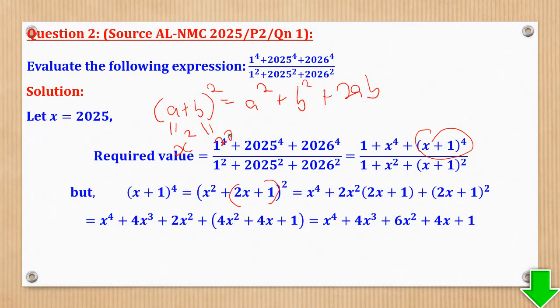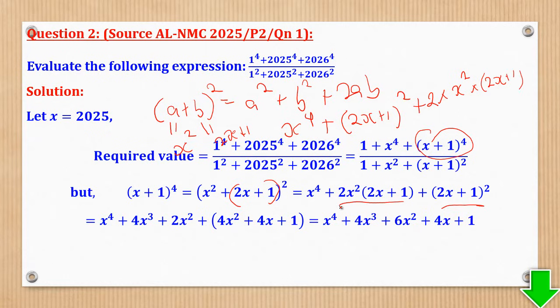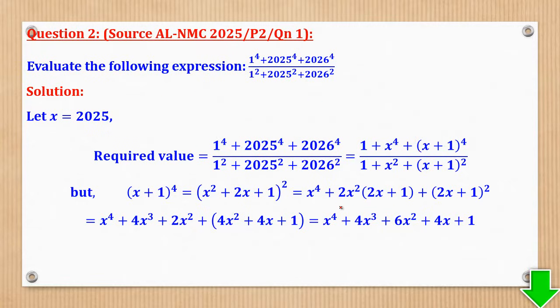Our B is 2x plus 1. So A squared becomes x to the power 4. B squared becomes 2x plus 1 squared, which is this. Then the middle term becomes 2 times x squared times 2x plus 1, which is that. So that's how we can use identities to expand such.